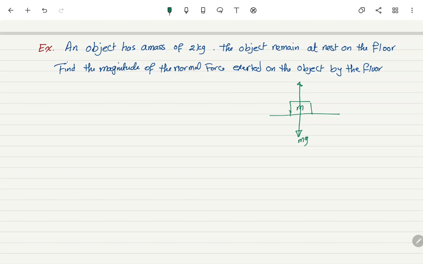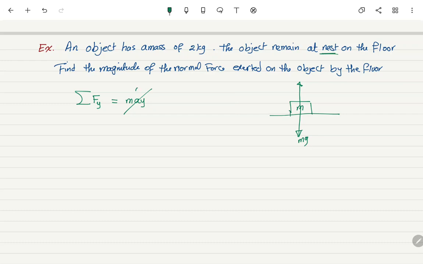So let's apply Newton's second law. The summation of all forces, in this case just on y, equals may. Actually, there's no need to say ay in this case, since the object remains at rest, so the velocity is constant and there is no acceleration on the object.